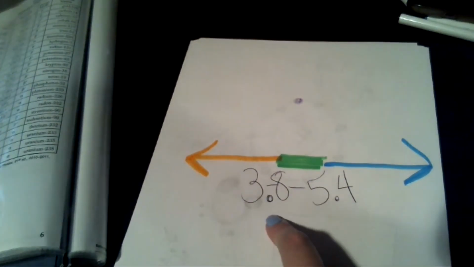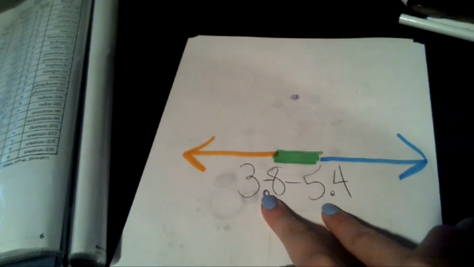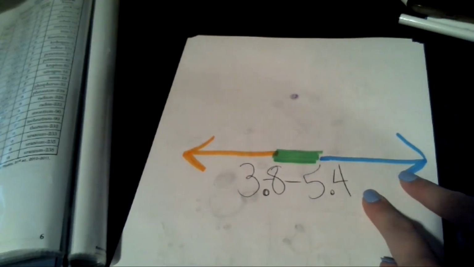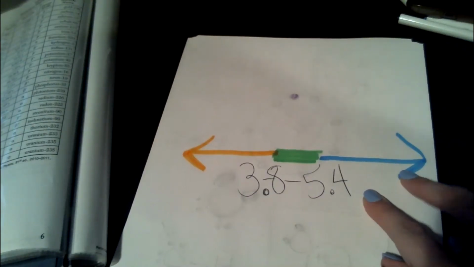When you mix this, you have to know first grade art for this. In between yellow and blue is green. So any numbers that are 3.8 or lower are going to be yellow. Anything 5.4 or higher is going to be blue. And anything that falls in the middle is going to be green. 7 falls over here. The solution is going to be blue. Literally, the answer is just blue.